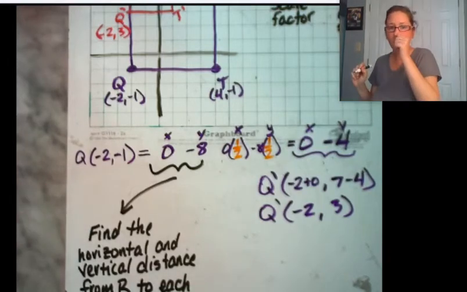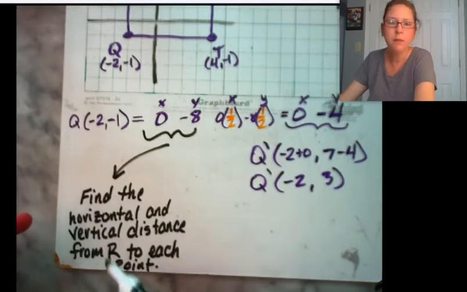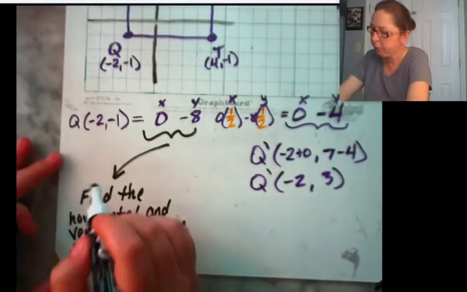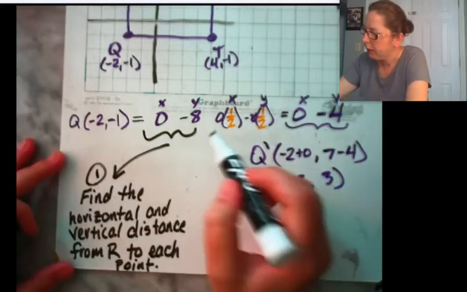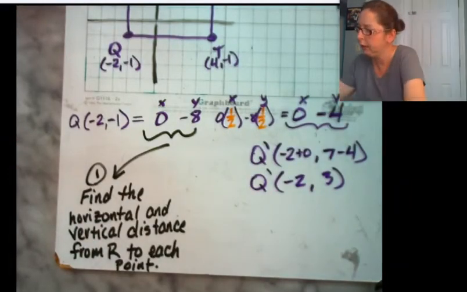Okay, now I had to do step 2. Once I knew what the distance was horizontally and vertically, then I did this step. Let me try to color code.